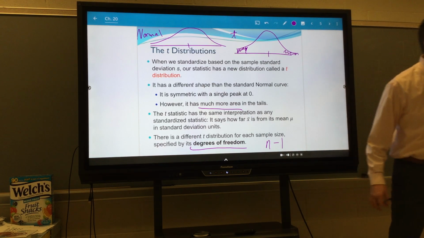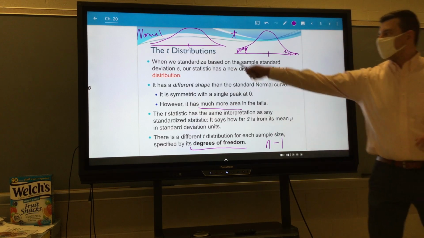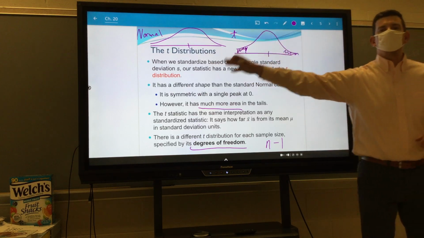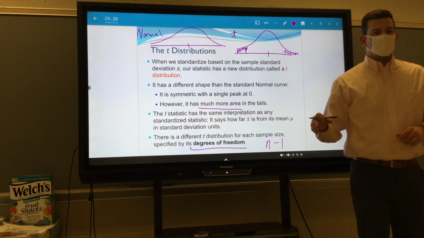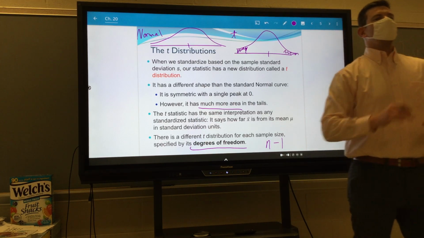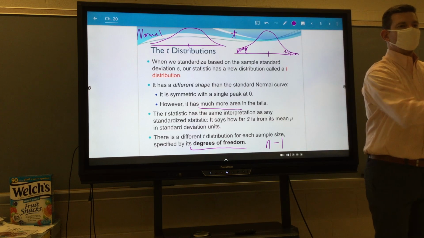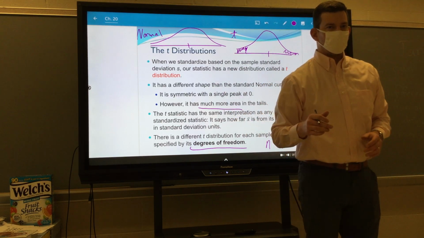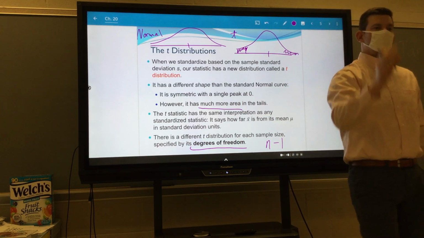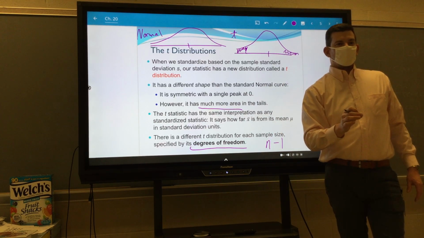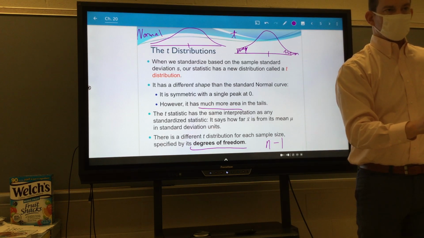But why degrees of freedom are important is because, remember when we were doing the confidence intervals for the normal curve, we said that a 95% level of confidence is pretty much 2 standard deviations above and 2 standard deviations below. That's because it was the standard normal curve. Okay? It's essentially a single curve, or a single distribution.